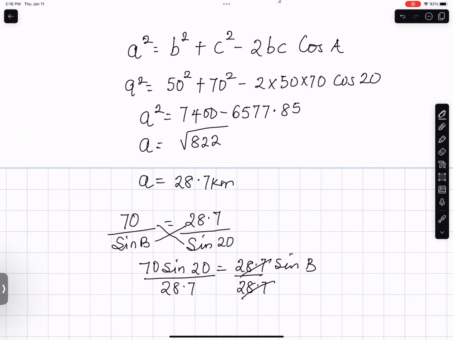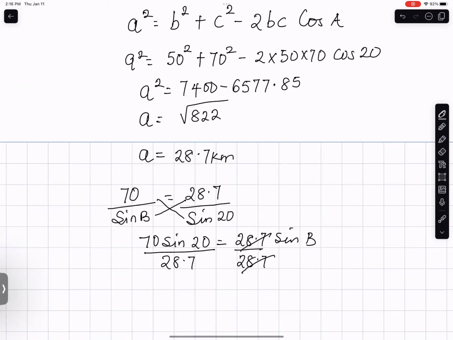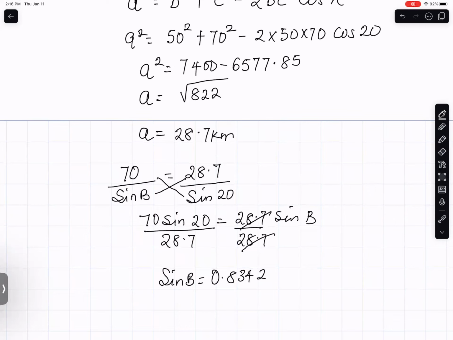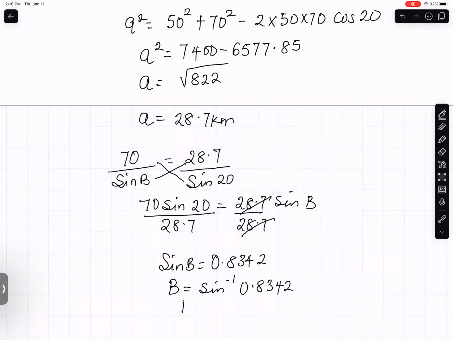So 70 sine 20 divided by 28.7 gives 0.8342. On your calculator, do the sine inverse of 0.8342. So the B value for that will be 056.6 degrees.